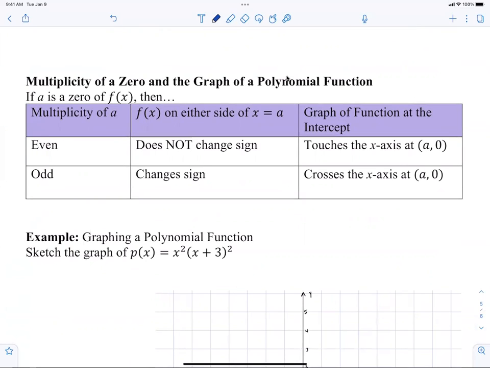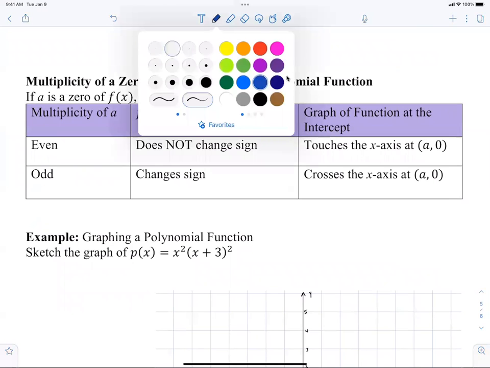Okay, multiplicity of a zero in the graph of a polynomial function. So if the multiplicity is even for a zero, that means that the graph will just touch the x-axis either from above or below. I think of it as bouncing off of it. If the multiplicity is odd, it will cross through the x-axis. Now you have to be careful.